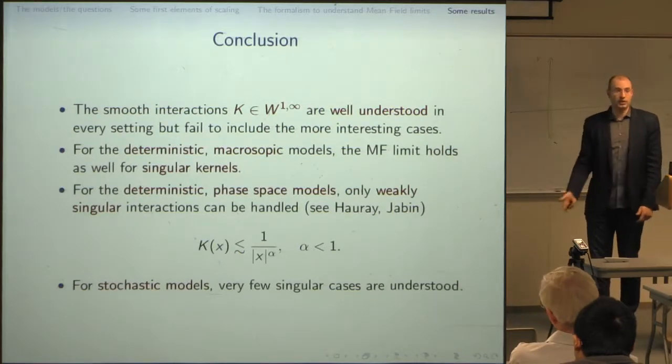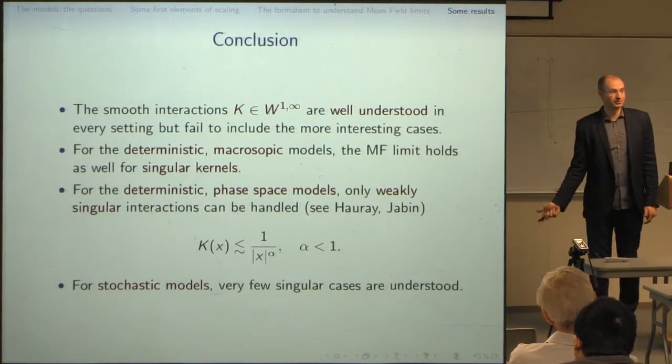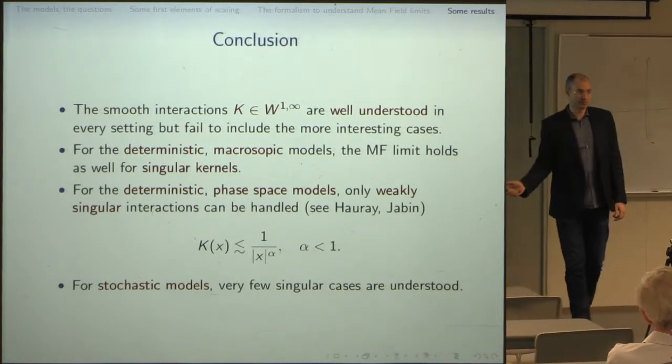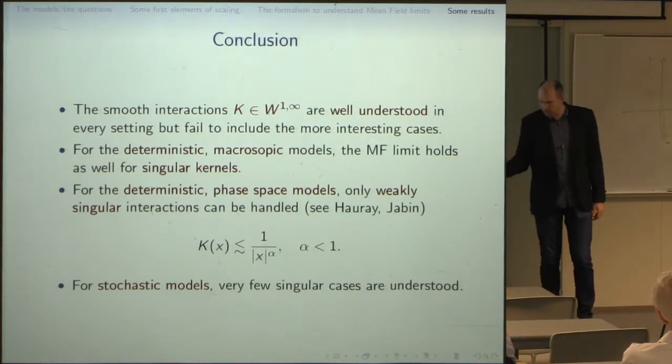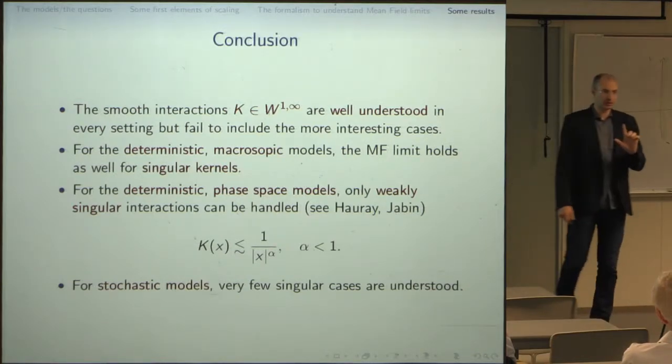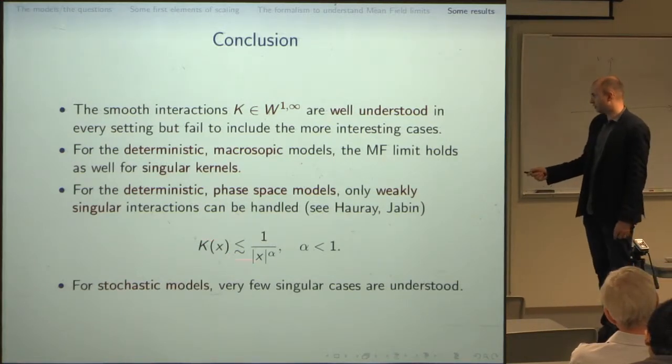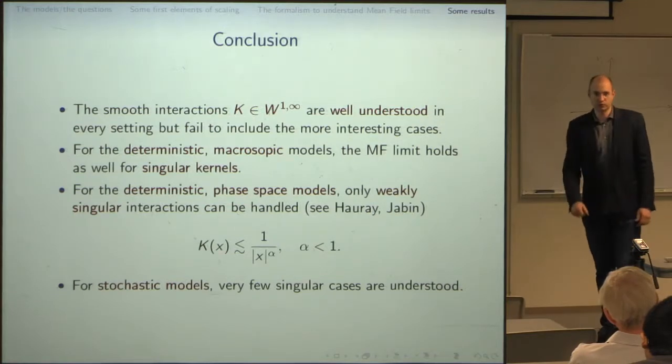Actually, the stochastic case is the worst of them all. And it's mostly empty. So there's a few exceptions. 2D Euler is understood in the stochastic case. And actually there are scaling reasons which explain that things like that, you should be able to understand them.